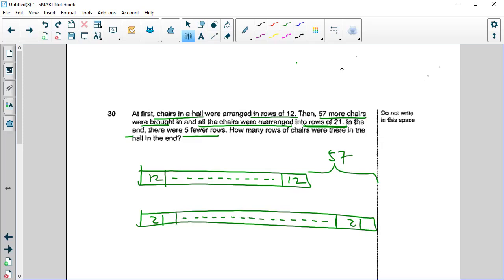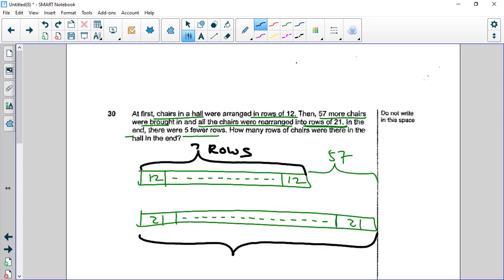If there are 5 fewer rows now, what do we do? Now look carefully. If you look at the model on top, we don't know how many rows are there. And if you look at the model below, do we know how many rows are there? We are not sure. But we know that there are 5 fewer rows now.